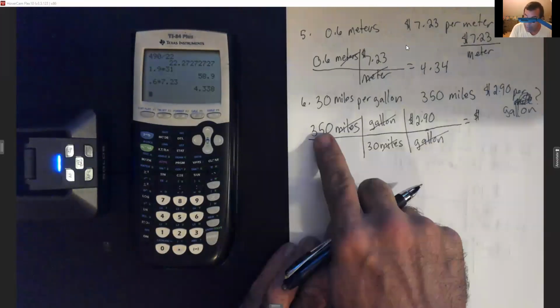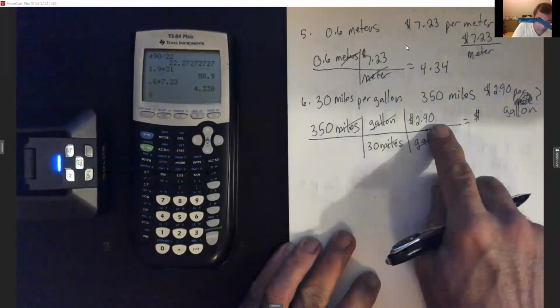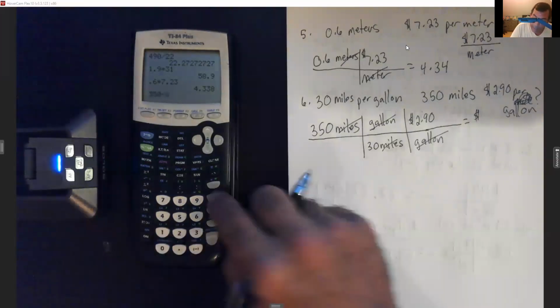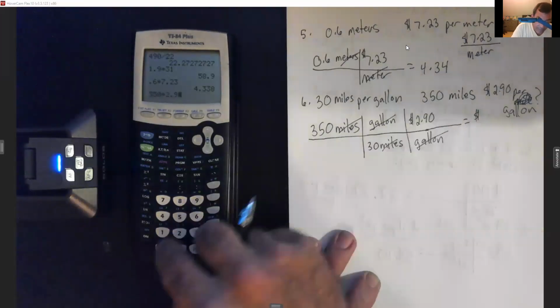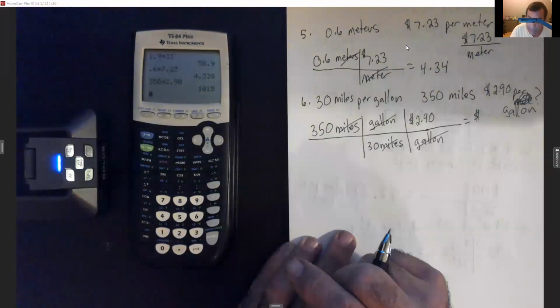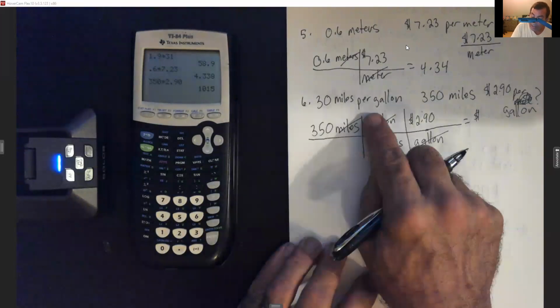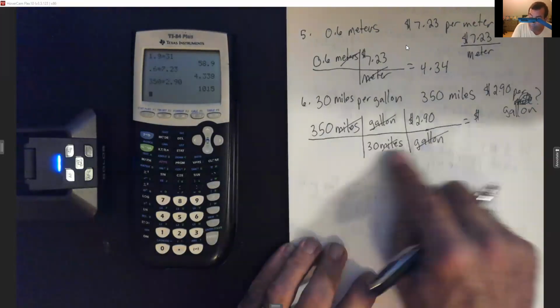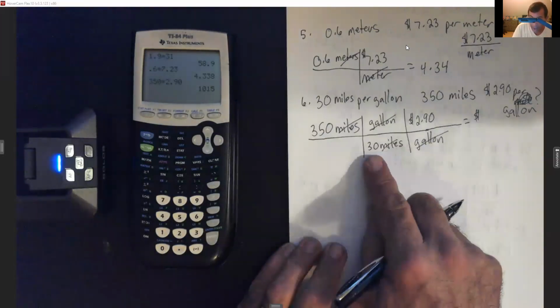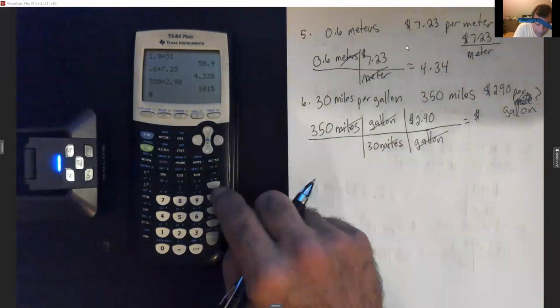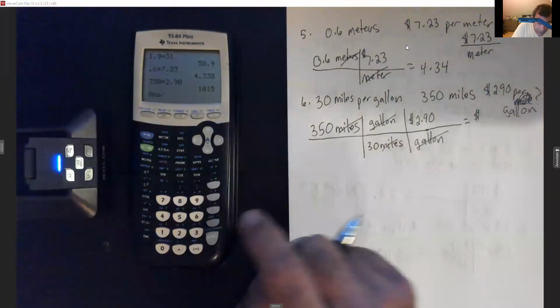So what you do, everything on top gets multiplied. So 350 times 2.90 is going to give me 1,015. And everything on top after you multiply gets divided by everything on the bottom. And really all I got on bottom is 30. So I'm going to divide that answer by 30.